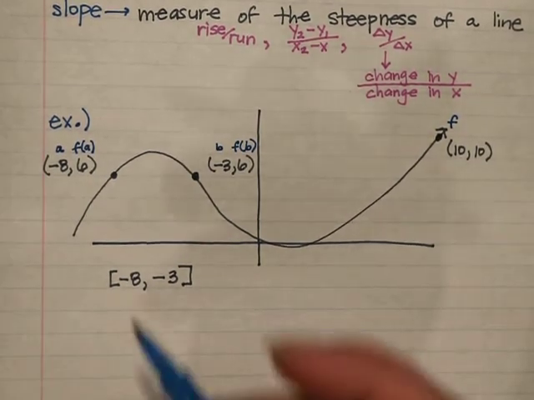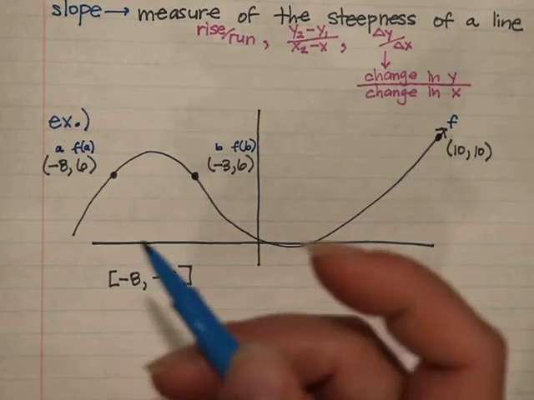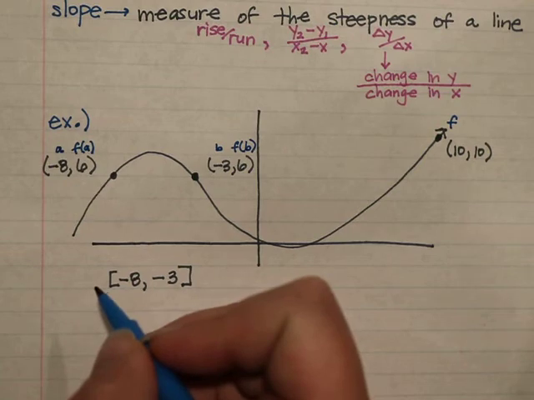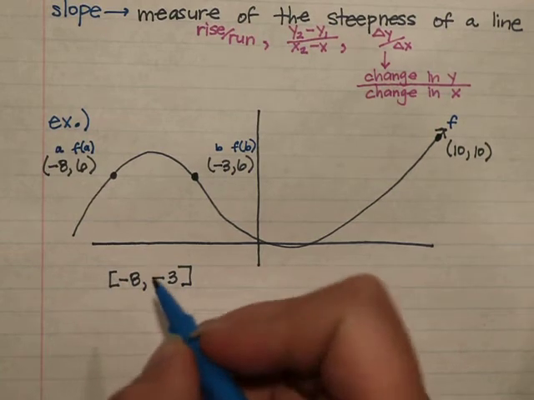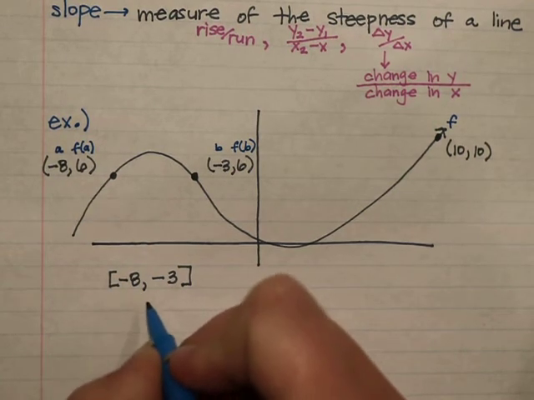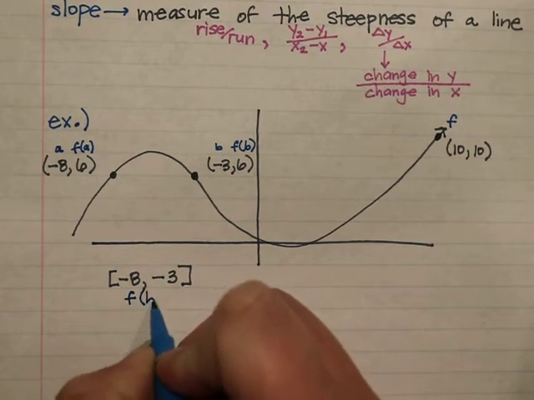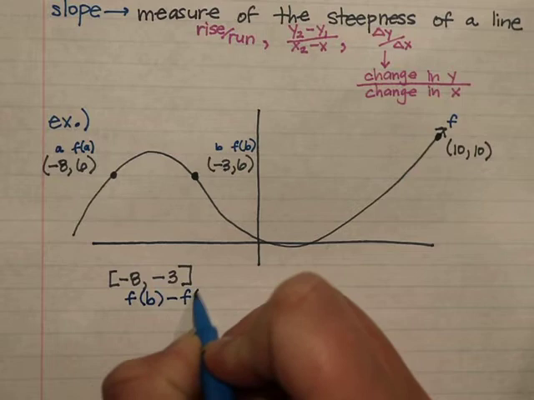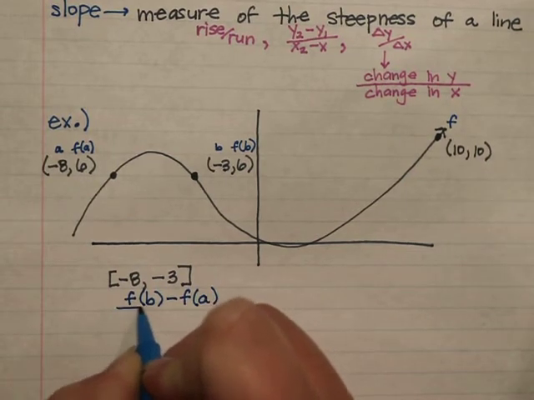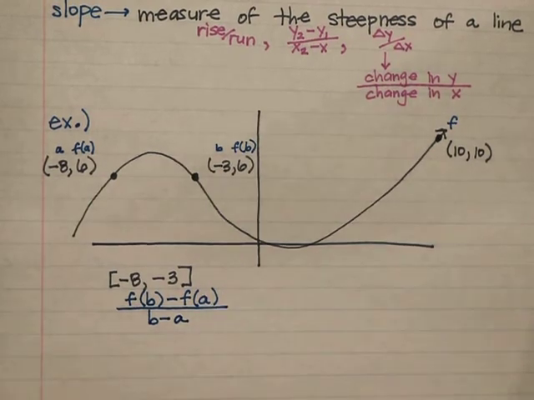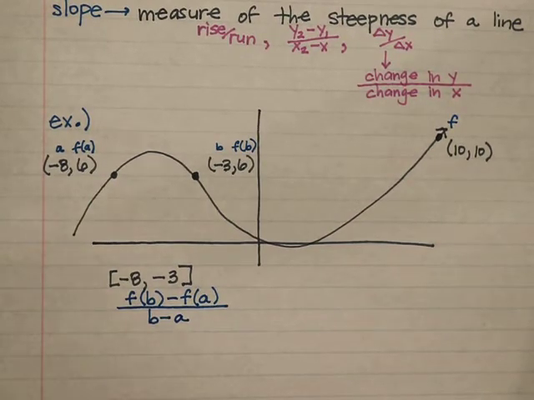So here's what we're going to do. To calculate average rate of change, I am going to do a variation of the slope. I'm going to figure out how much the y's change. And so to find the change in y, I'm going to do f of b minus f of a over b minus a. Okay? So that's going to be my formula.